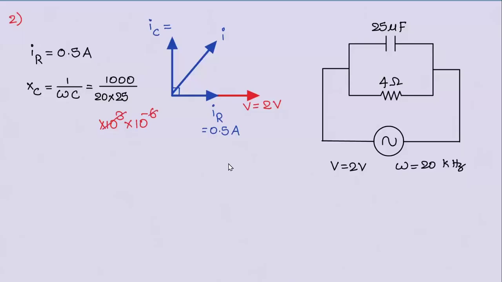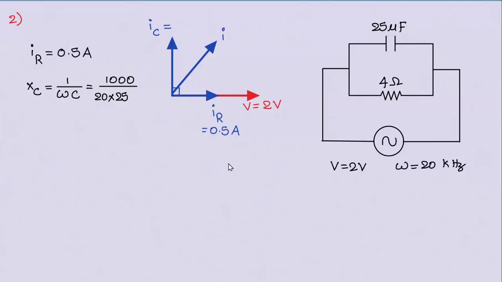So it will be 10 power minus 3 in the denominator. Going to the numerator, it will become 1000, right? Yes, sir. That's perfect. I think the calculation is correct. There's no error. Everything is right.